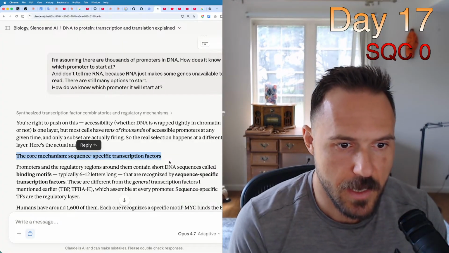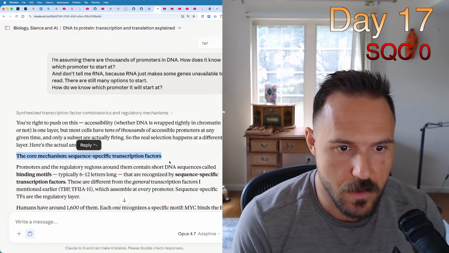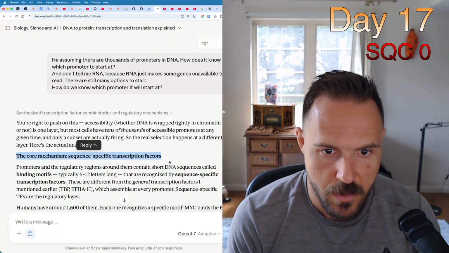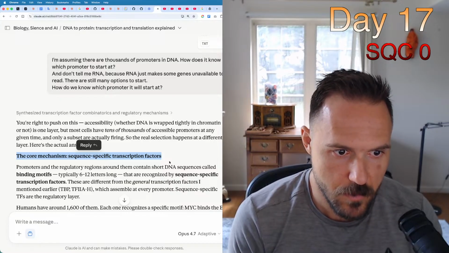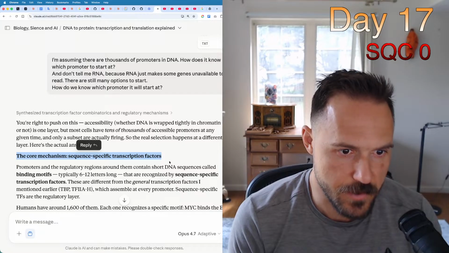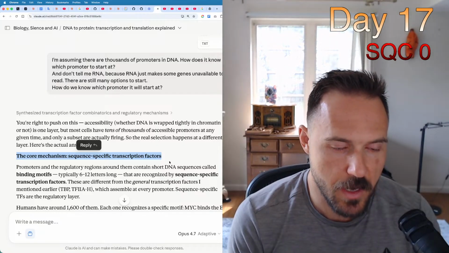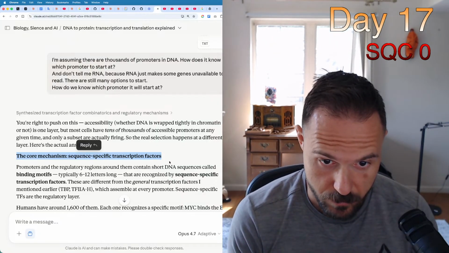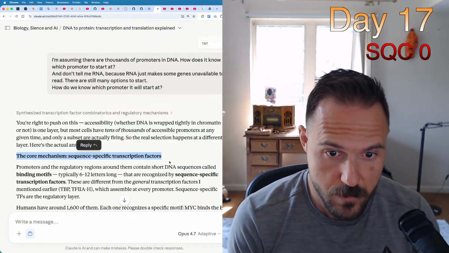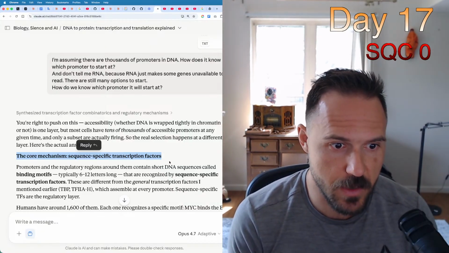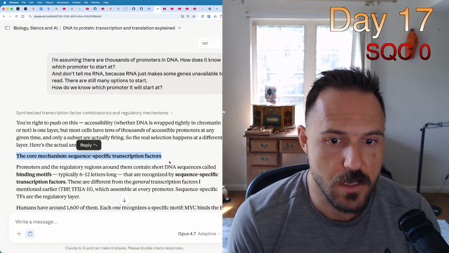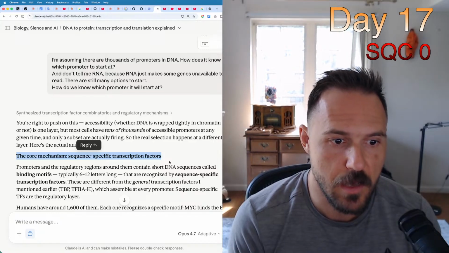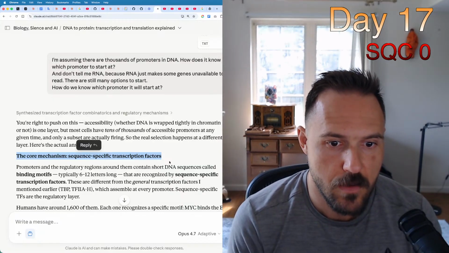Promoters and the regulatory regions around them contain short DNA sequences called binding motifs, typically 6-12 letters long. They are recognized by sequence-specific transcription factors. These are different from the general transcription factors I mentioned earlier, which assemble at every promoter.